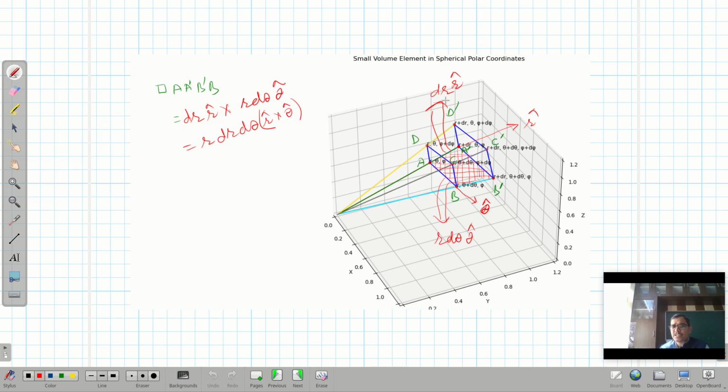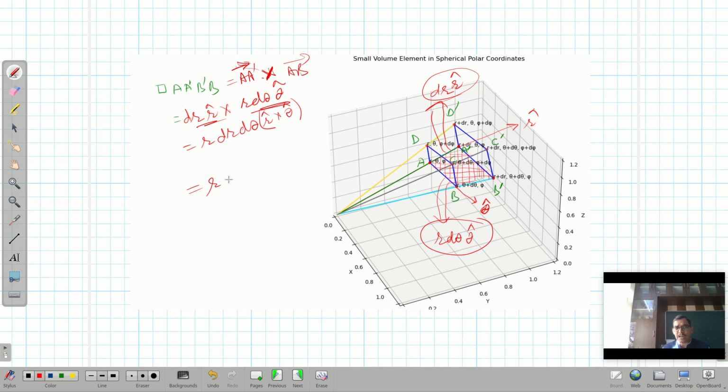This distance is dr r cap and this distance is r d theta, theta cap. So if I put their values here, because it is basically represented by A prime cross AB, this can be written like this.